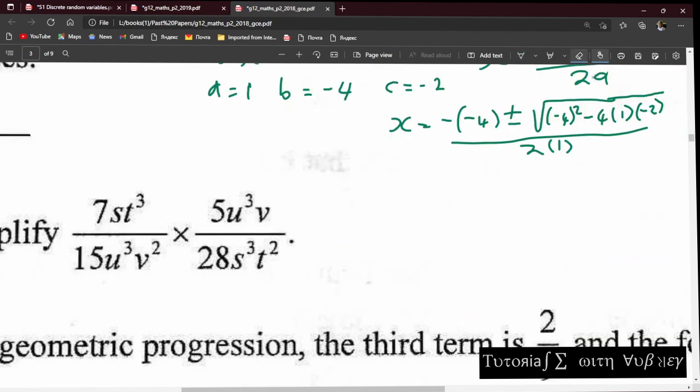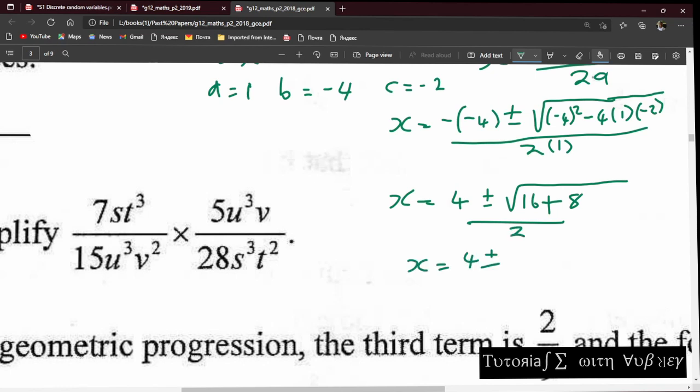So x is equal to 4 plus or minus root of 16 minus, here we should be very careful, 4 times 1, -4 times 1 will be -4. -4 times -2 will be plus 8. Plus 8, divided by 2. x will be equal to 4 plus or minus root of 16 plus 8, that is 24.